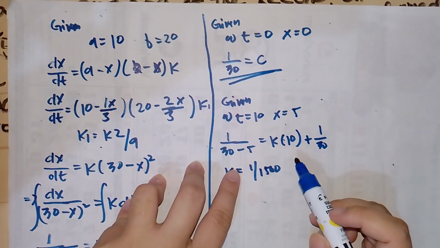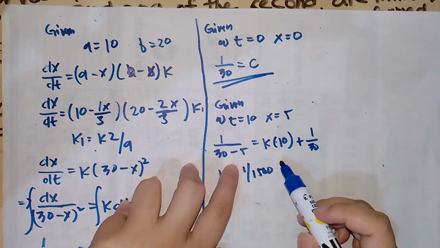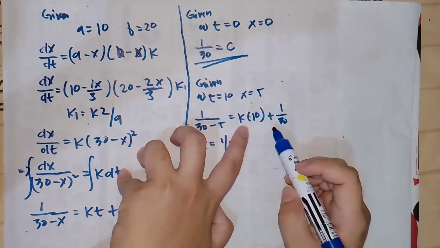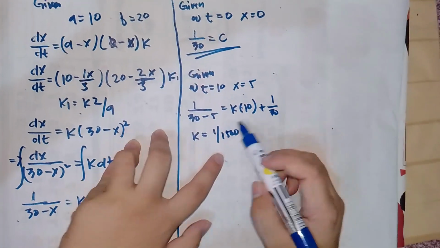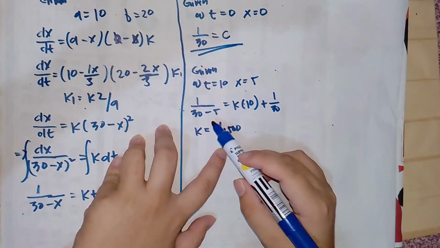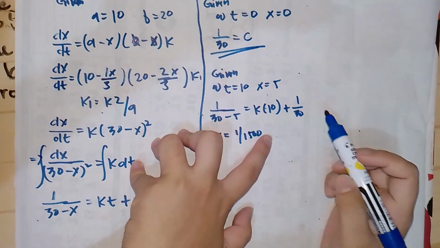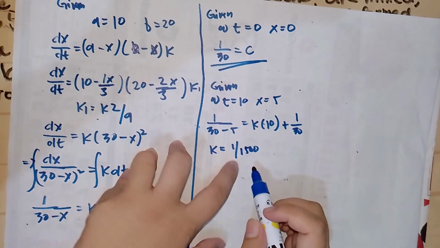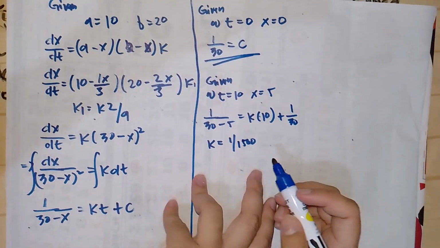So 1 over 25 minus 1 over 30 is 1 over 150, which is equal to k times 10. Multiply both sides by 1 over 10, so we have the value of k equal to 1 over 1,500.